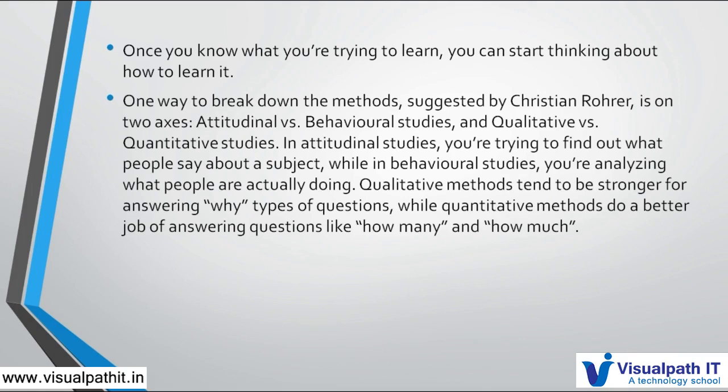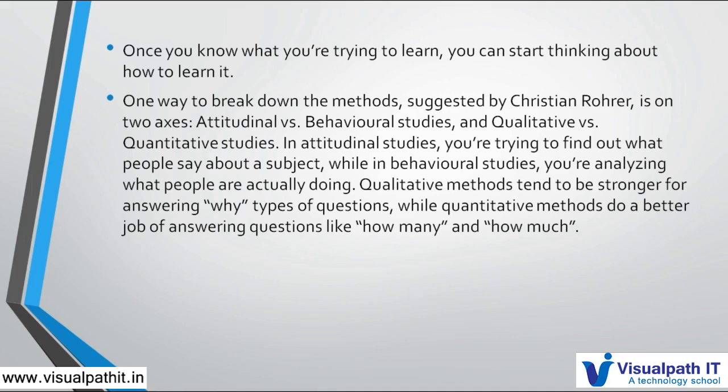One way to break down the methods, suggested by Christian Rohrer, is attitudinal versus behavioral studies and qualitative versus quantitative studies. In attitudinal studies, you are trying to find out what people say about a subject, while in behavioral studies, you are analyzing what people are actually doing.